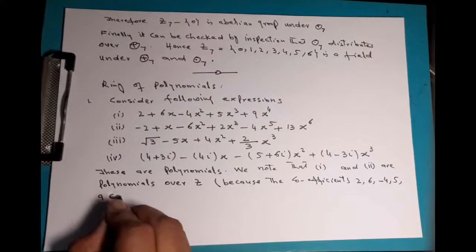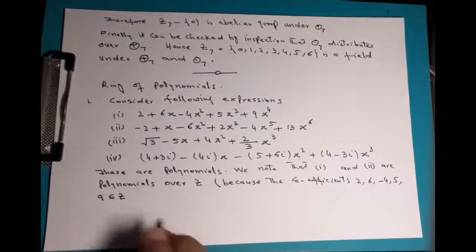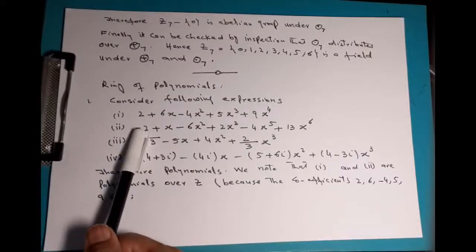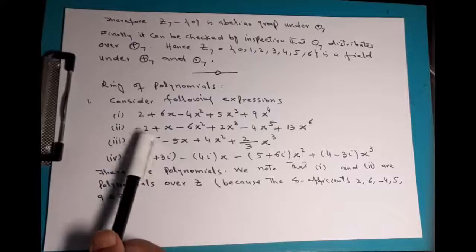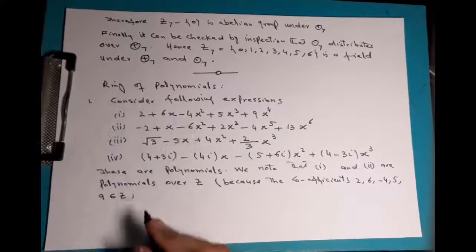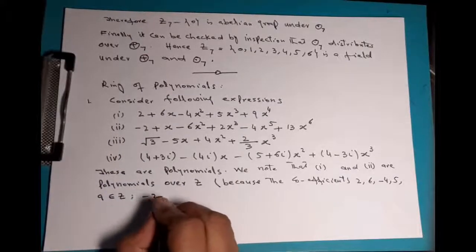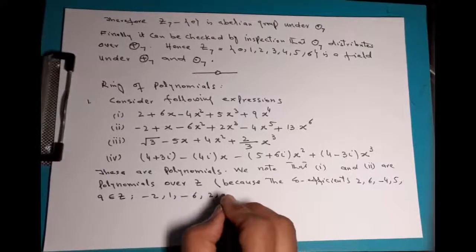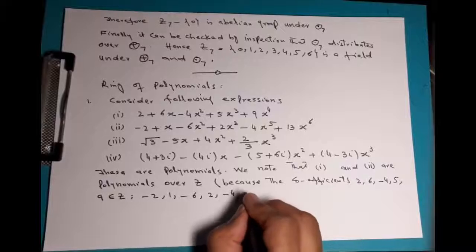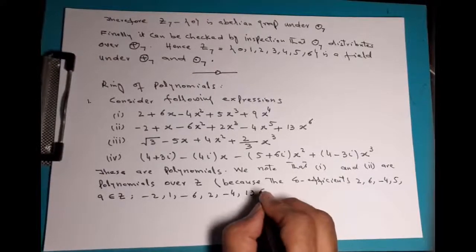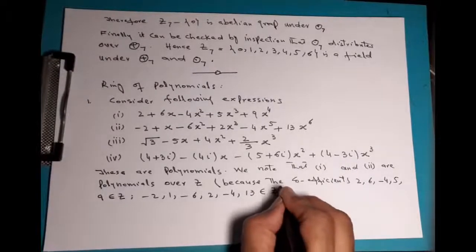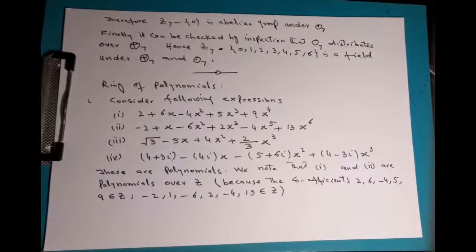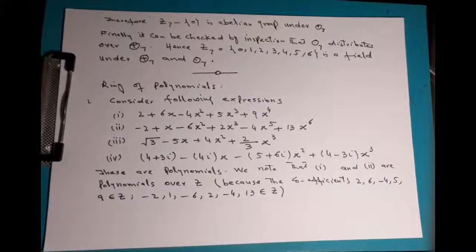So these coefficients belong to Z. And for the second one, we note that minus 2, 1, minus 6, 2, minus 4 and 13 belong to Z, the ring of integers. So these polynomials are polynomials over Z, the ring of integers.